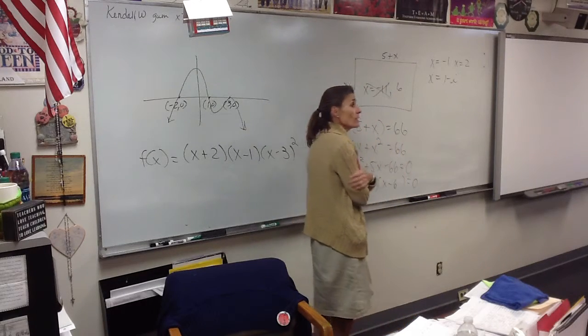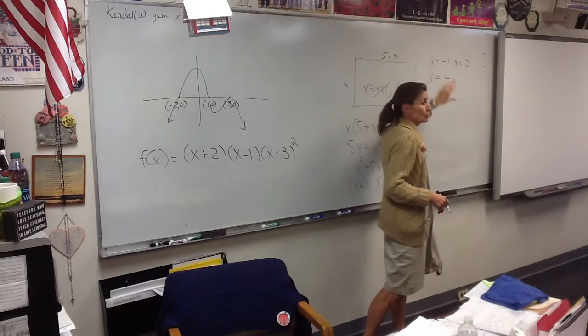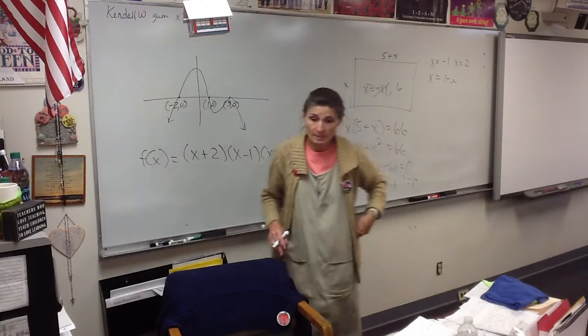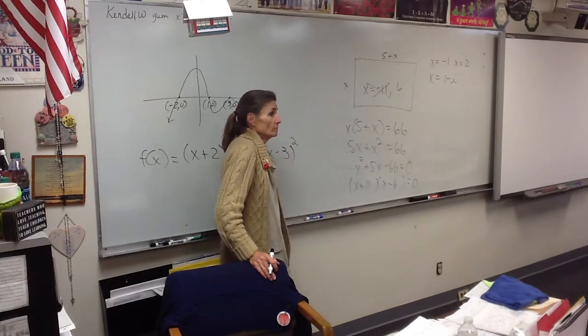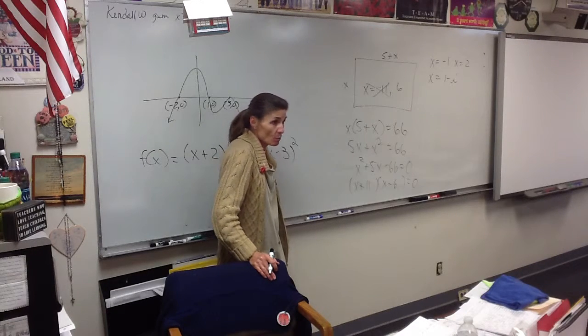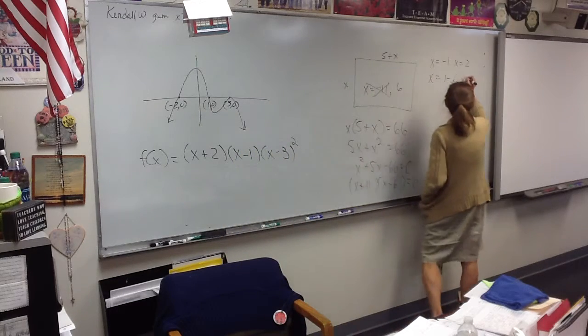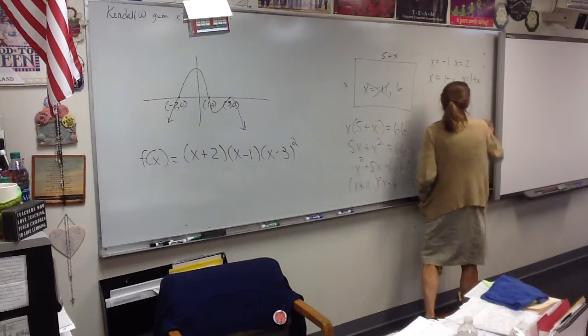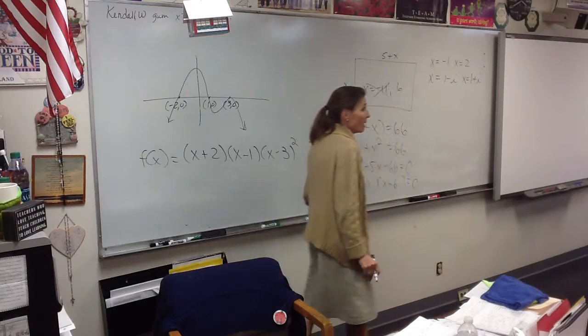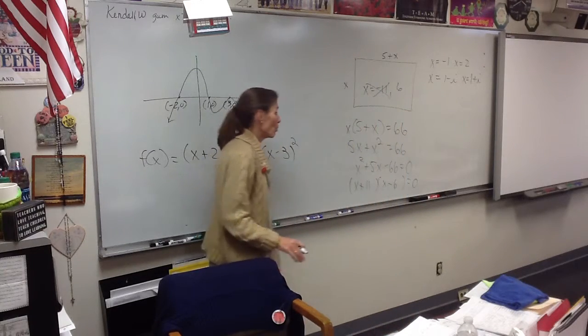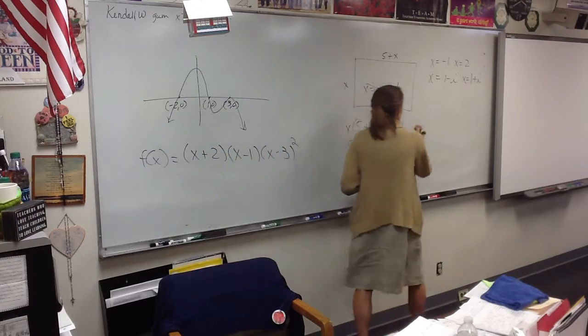It says write the equation that has these roots. What's the first thing you notice? You're not going to have 1 minus i without also having 1 plus i. So I would write that down. This is going to be a 4th degree polynomial, right? What are the factors going to be?